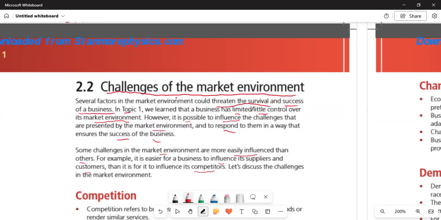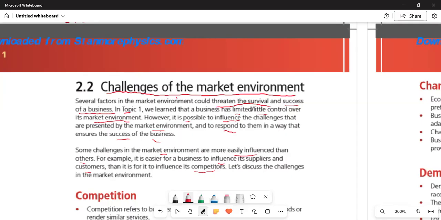It is easy for an organization to influence customers, because they can try by all means to persuade them to buy the products and services, demonstrating the benefits that the customers are going to get by using them.